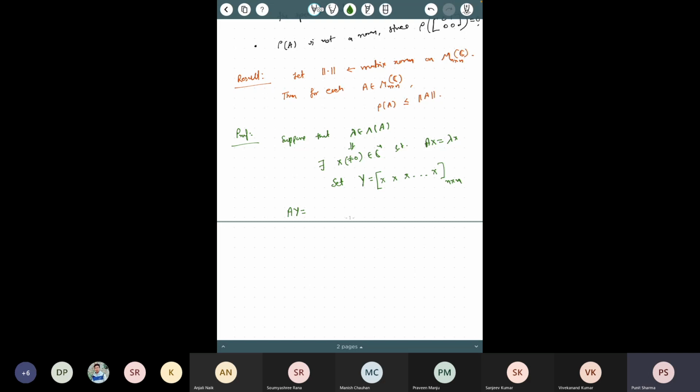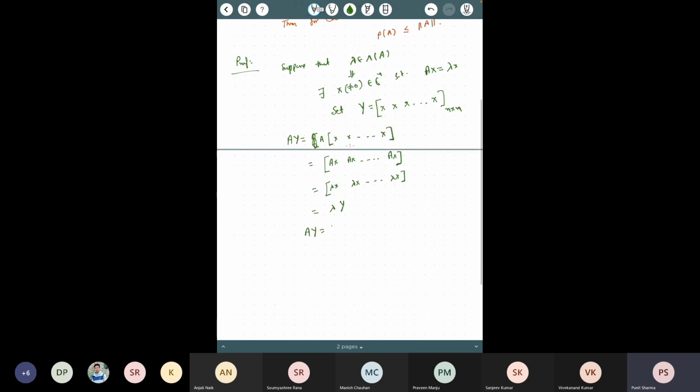When you multiply A from the left-hand side to this Y, you get A times the matrix with columns x up to x. Multiplying column-wise, the first column would be Ax, the second column would be Ax, and so on. But you know that Ax is just lambda x, so you can take lambda out, and then this is just the matrix Y. So basically we know that AY is equal to lambda Y.